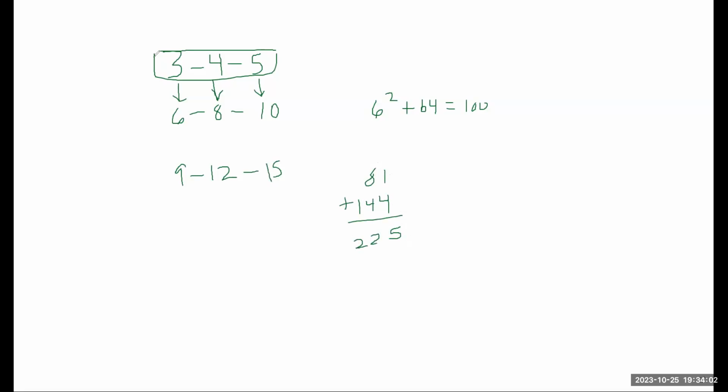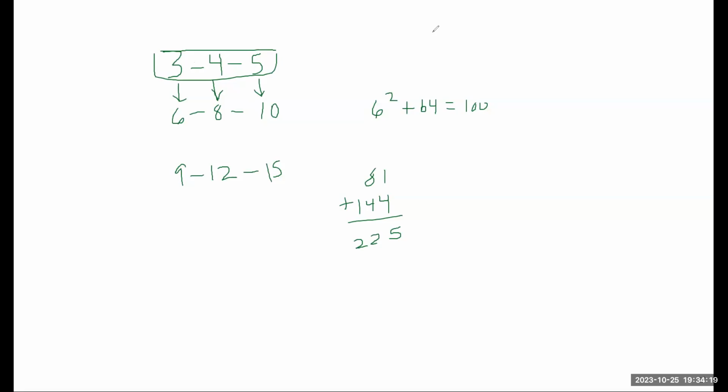So anytime you have a 3, 4, 5 right triangle and you multiply by 3 or by 2 or by 4, it will be another Pythagorean triple, but 6, 8, 10 is not a new Pythagorean triple. It's just a multiplication of 3, 4, 5.